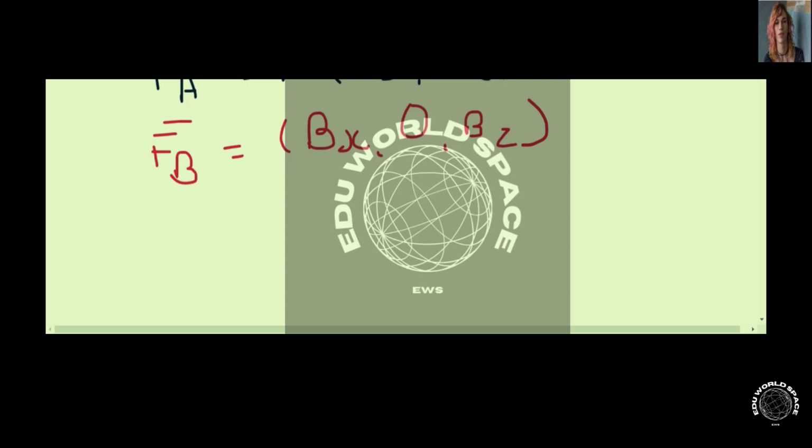Since those two forces are equivalent to the original situation, we know that they must add up to the original force. So, A lambda x plus Bx is equal to 0. So, A lambda x is equal to minus Bx.